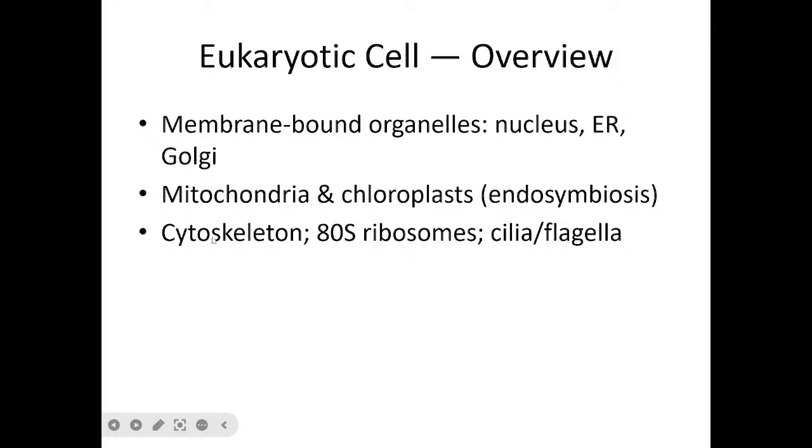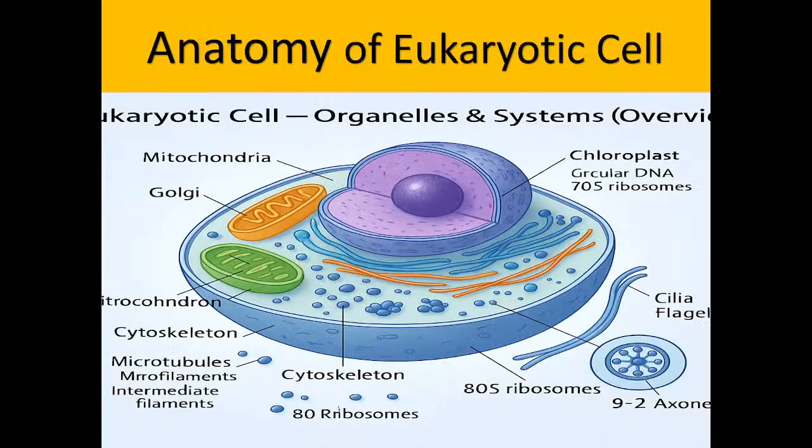Another very prominent structure that you can see in them are the cytoskeleton, ribosomes, as well as cilia and flagella. So you can see the difference between the anatomy of the eukaryotic cell and that of the prokaryotic cell.